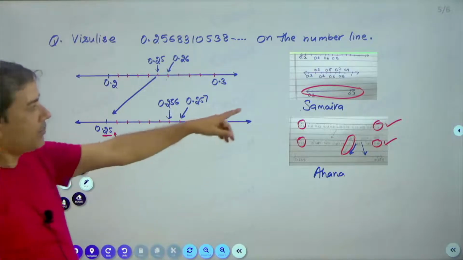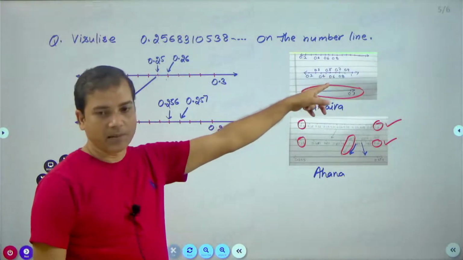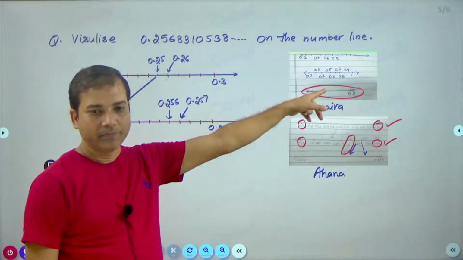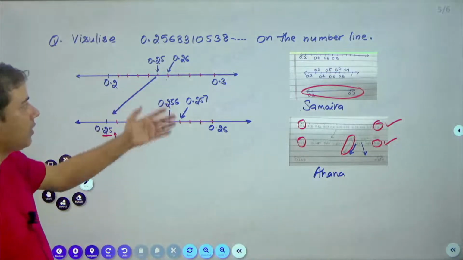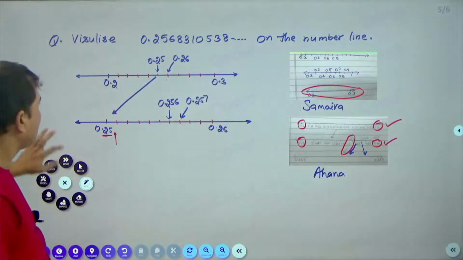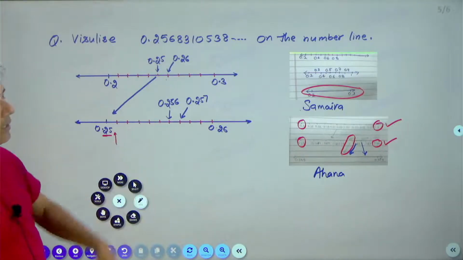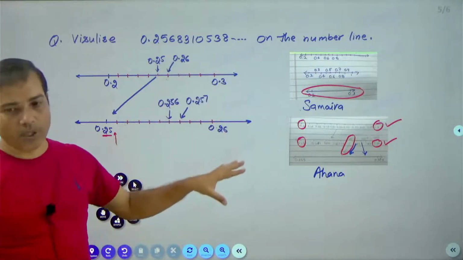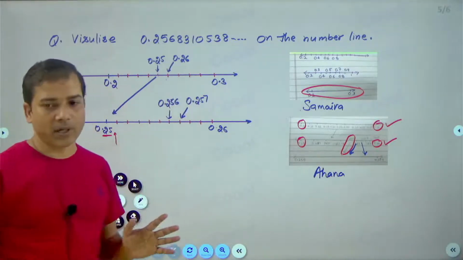So I notice, Samaira, you have a bigger problem handling decimals, right? That's why I gave this question to you. This is why you need to practice over it. Visualization is not the point. Our motto is not to do this visualization method.